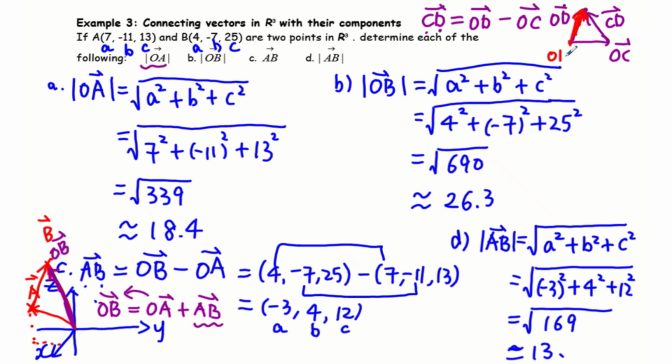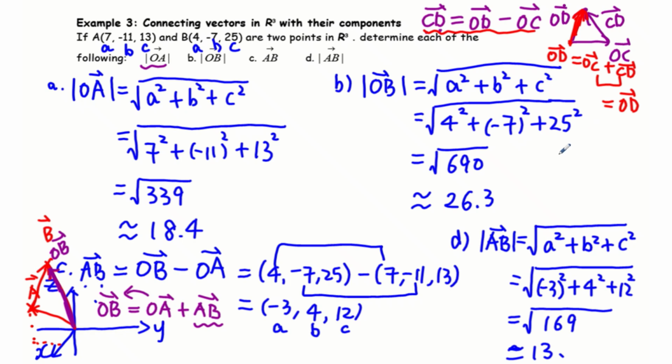So OD equals OC plus CD. You can think of the C, the same letter, canceling out. You only have OD left. And you will find out CD always equals the second letter OD minus the first letter OC. It's always true, and this cancel out is always true.